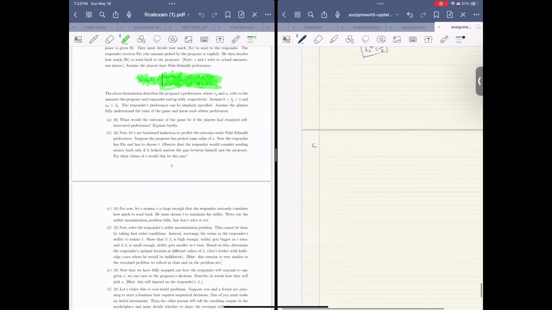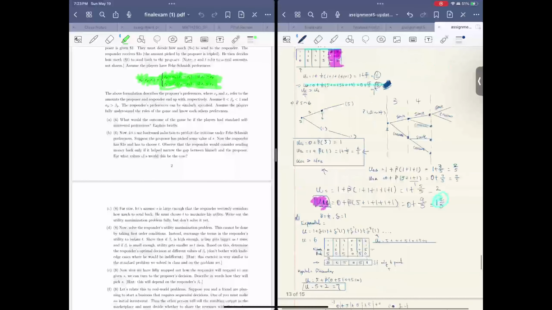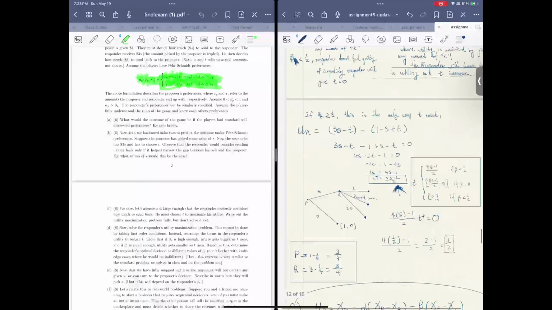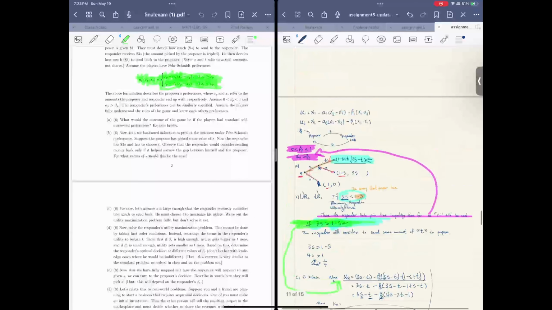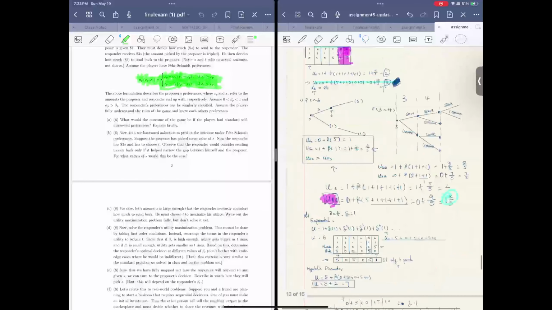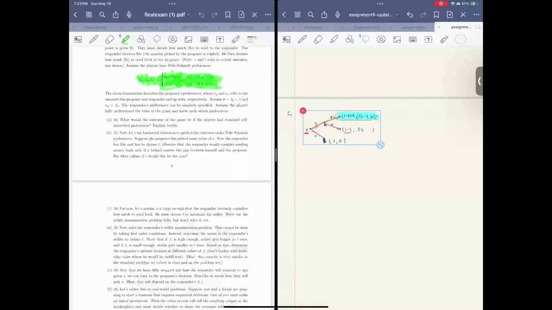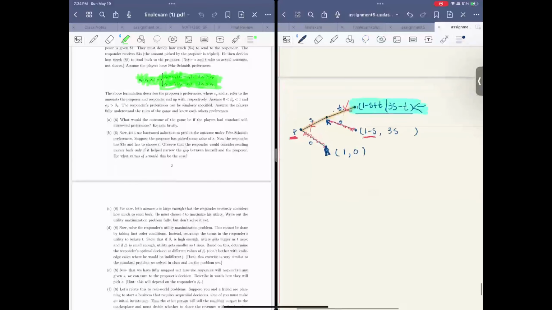Okay, so yesterday we talked about this whole sending money back and forth scenario. I'm just going to copy this and then we can look at it again. So this is what we had yesterday. The proposer can give some amount S of money to the responder, and then the responder can give some amount T as a return.